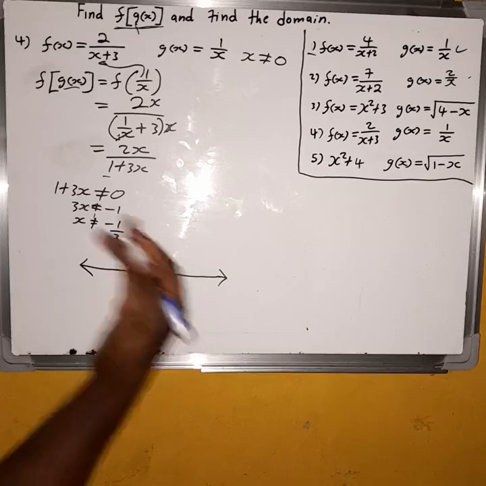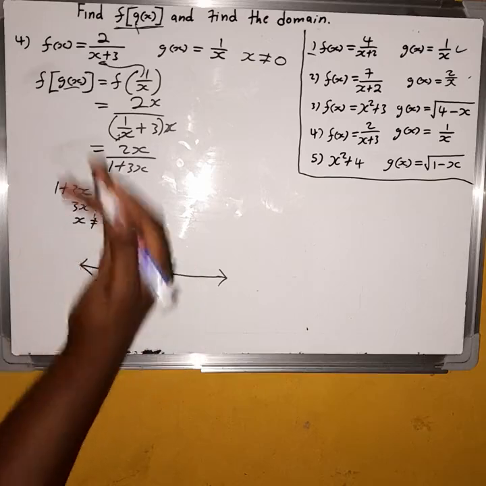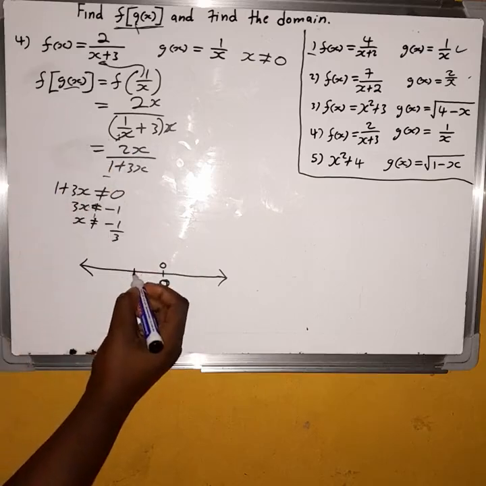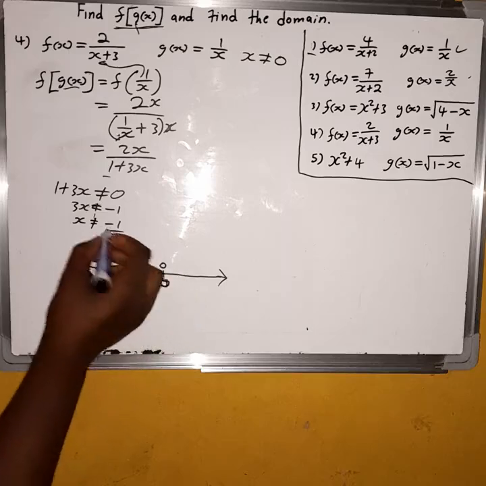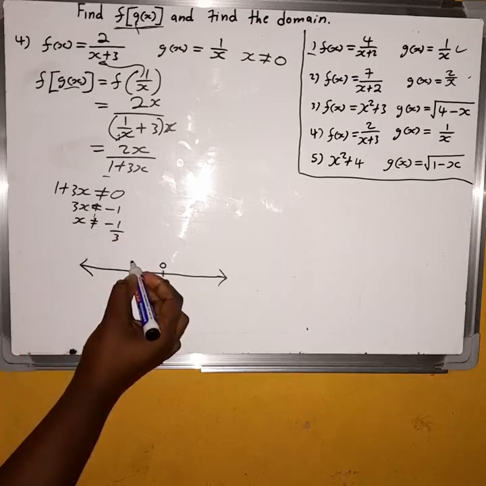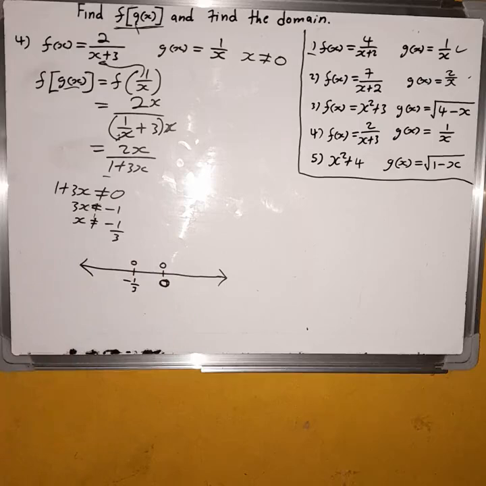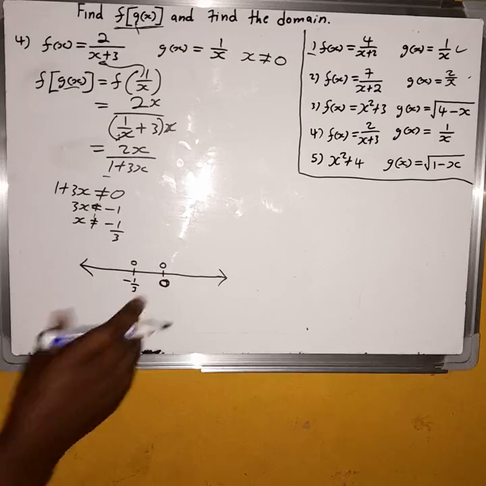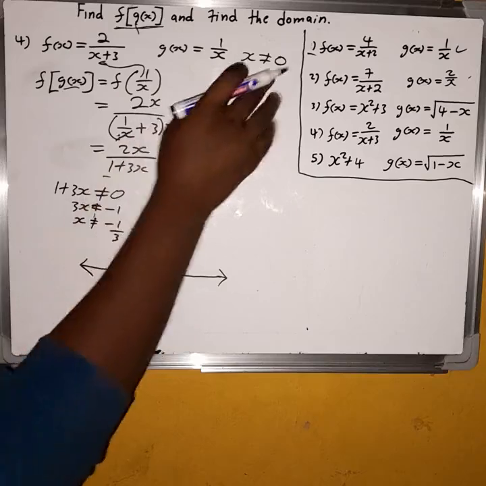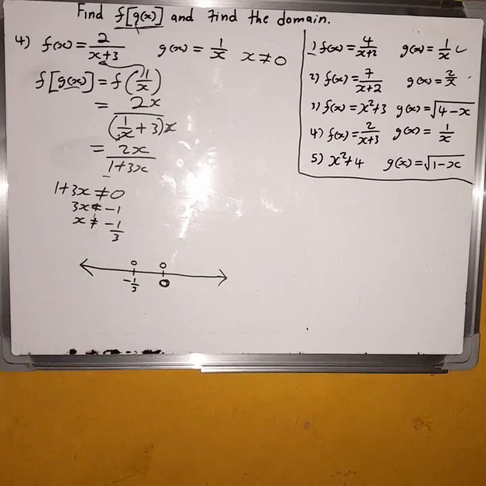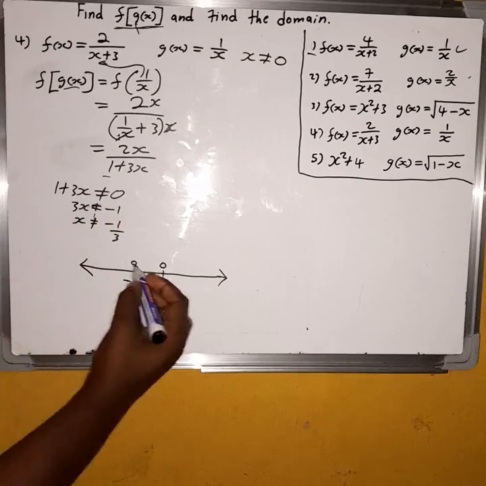Then negative is on this left side, right? Then let's say here I have minus 1 over 3. It is restricted, so we'll have an open dot like this, restricted to not be equal to minus 1 over 3 and 0. But there is no restriction for other values.